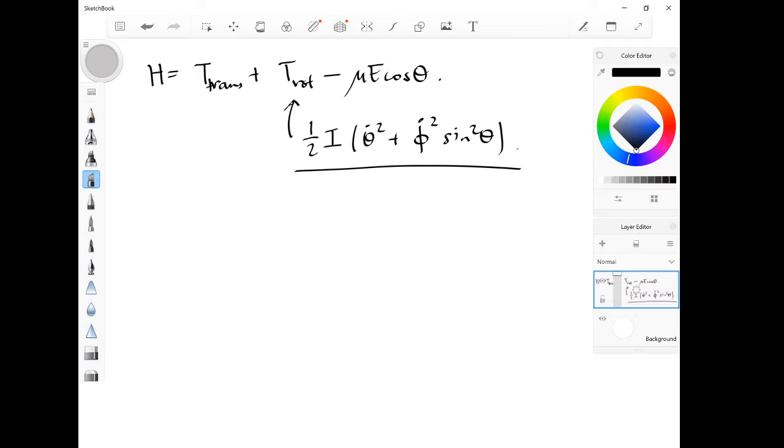And because it's dilute, we assume that there's no interactions between the dipoles. So that means that our total partition function is equal to the partition function for a single atom raised to the power of N, our number of particles.